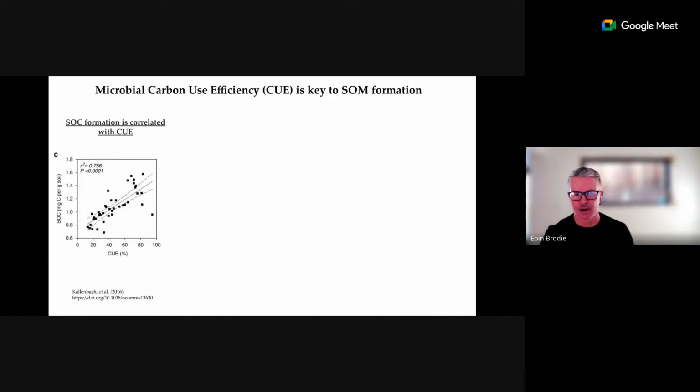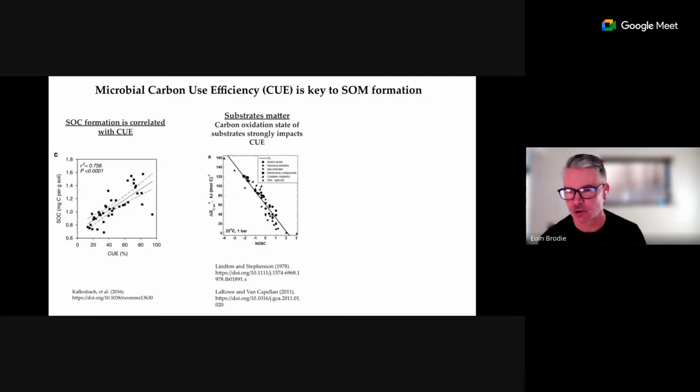Okay, so there's been some very nice studies on this. This is Cynthia Kallenbach. They did a really elegant, simple experiment in the lab and showed that carbon use efficiency on the x-axis here is strongly correlated with soil organic carbon formation on the y-axis here. We know that the chemical properties of the carbon, the food that you feed to microbes, matter.